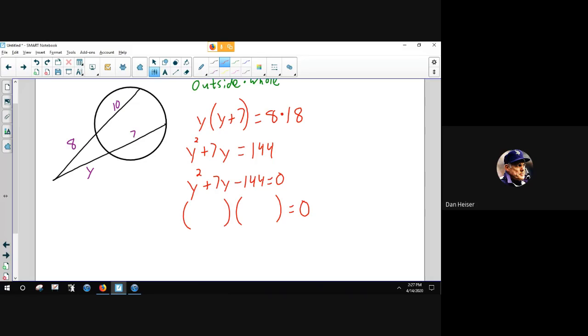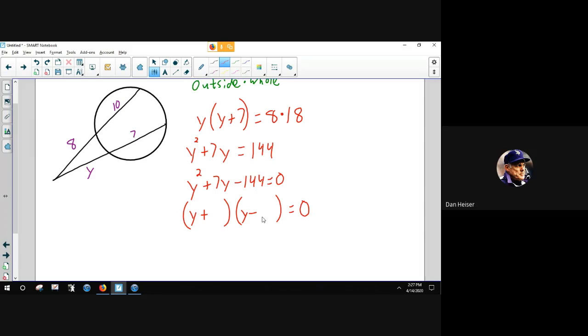I need two things that multiply to be y squared. Those two things are y and y. This number times this number has to be a negative 144. That tells me that they will have opposite signs. So I need two numbers that multiply to negative 144.